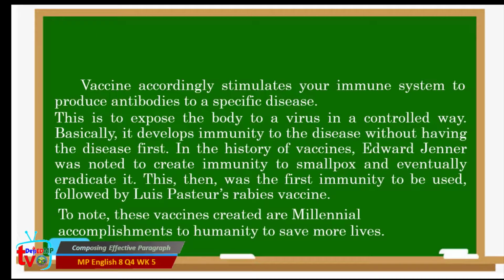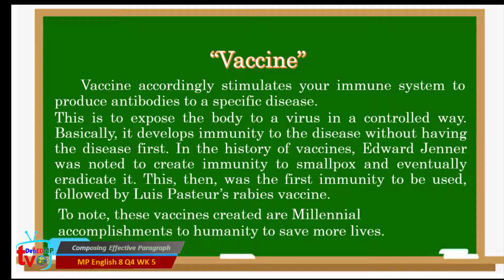In this pandemic, we need vaccine. Vaccine accordingly stimulates your immune system to produce antibodies to a specific disease. This is to expose the body to a virus in a controlled way. Basically, it develops immunity to the disease without having the disease first.